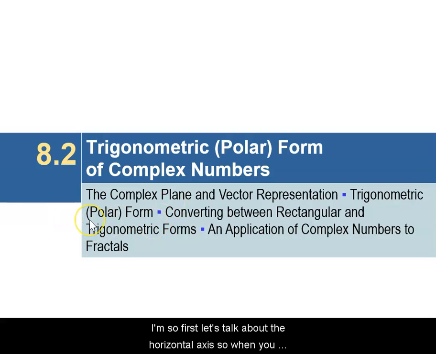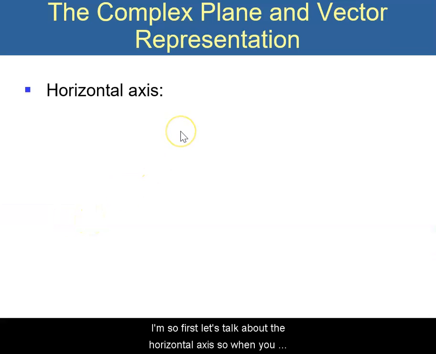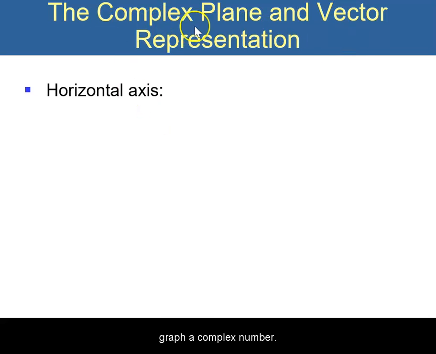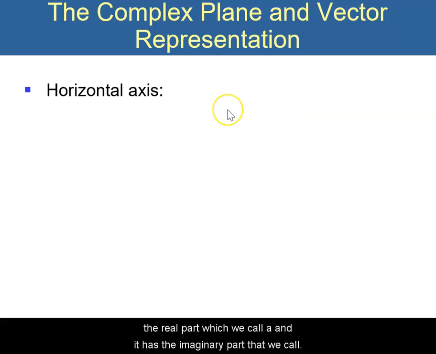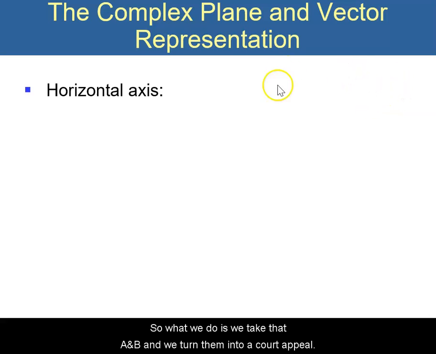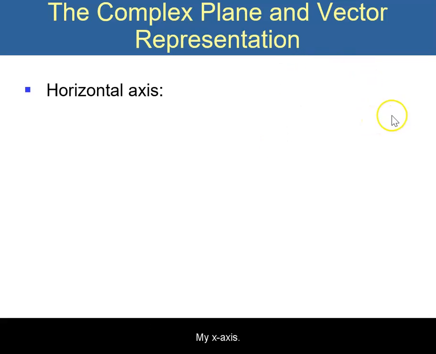Okay. So first, let's talk about the horizontal axis. When you graph a complex number, remember your complex number has two parts. It has the real part, which we call A, and it has the imaginary part that we call B. So what we do is we take that A and B and we turn them into a coordinate pair. My x-axis will be replaced with the real axis.